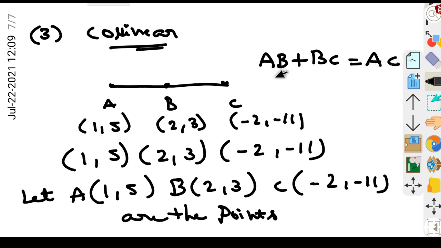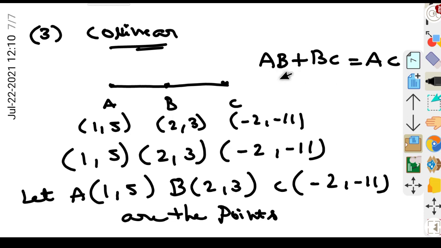Now if AB plus BC is equal to AC, then we can say that these 3 points are collinear points.